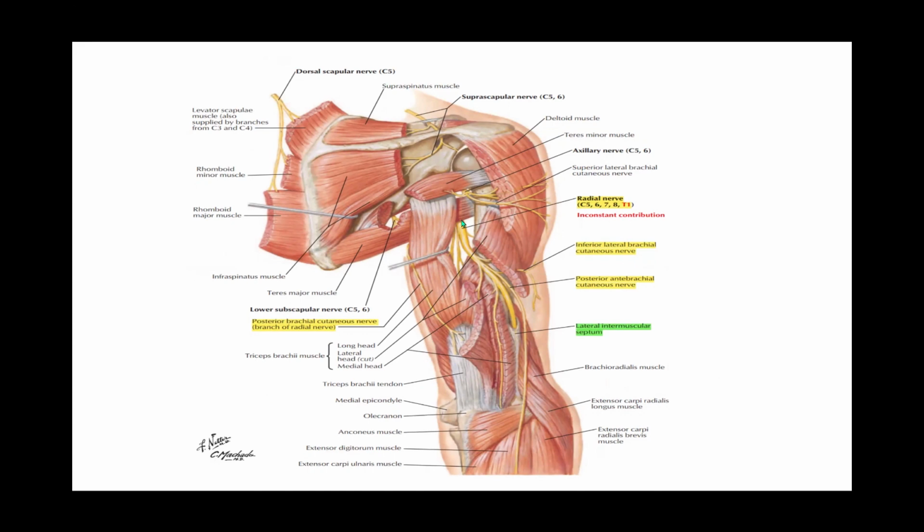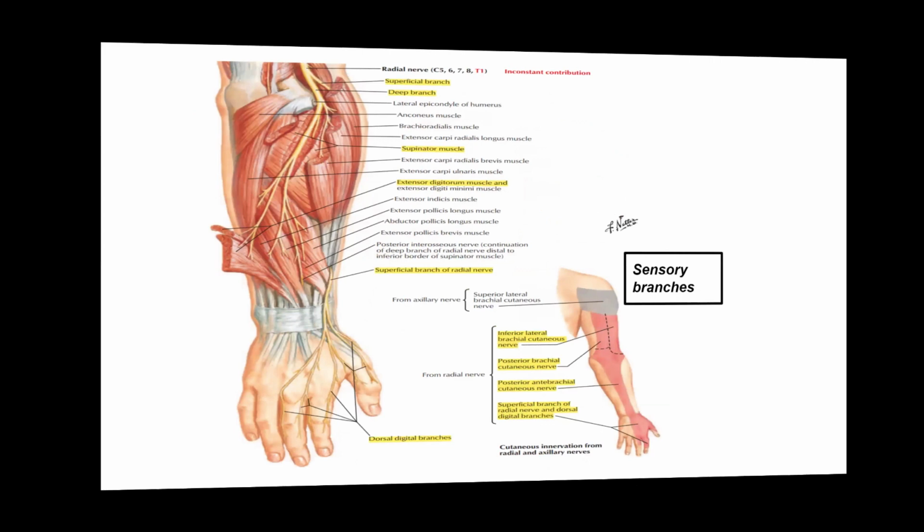Of course, the profunda brachii artery, a deep branch of the brachial artery, also passes through this space. So anything that compromises this space can give you a radial nerve palsy.